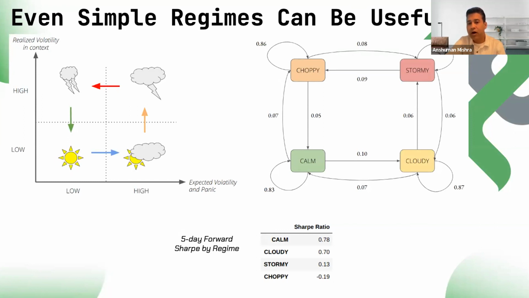Now, for a slightly more complicated example, in this slide that you can see, I have a market regime model that looks at expected and realized index volatility together and uses these two to condition the expected Sharpe ratio on a 5-day forward holding of the S&P 500 ETF, SPY. The idea here is that the more aspects a market regime captures, the more stationary the forecasted dynamics ought to be.